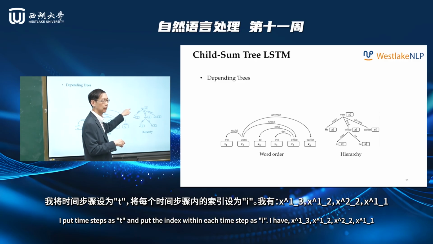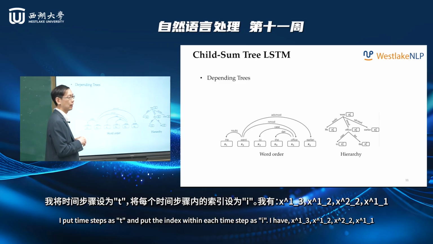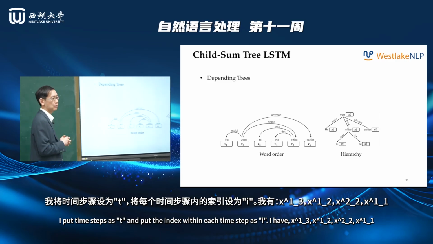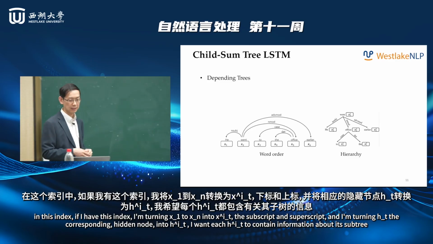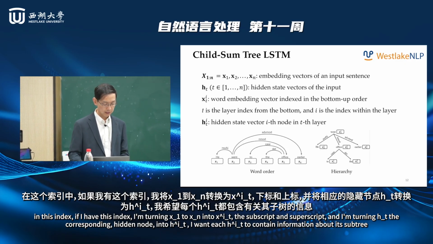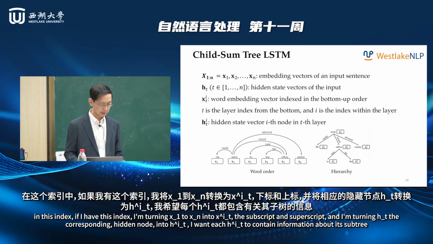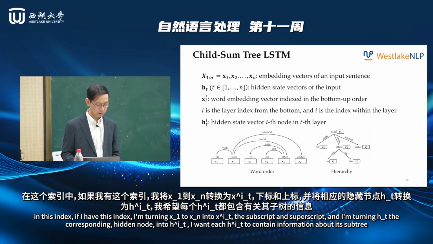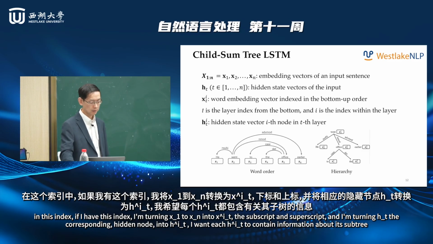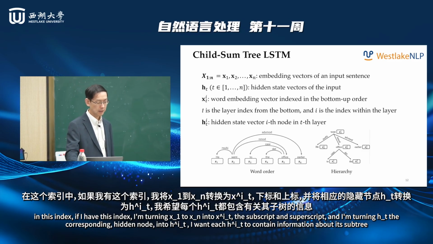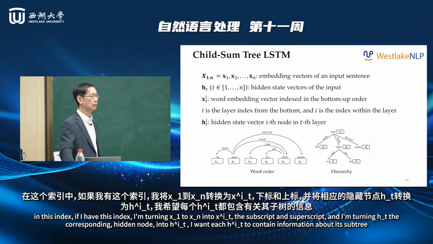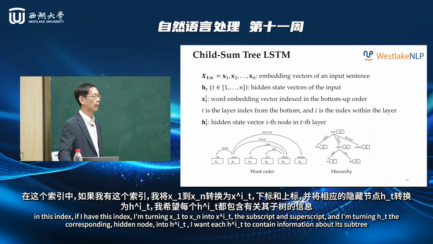So I have x31, x21, x22, x23, x11, x12, in this index. If I have this index, I'm basically turning x1 to xn into x_t^i, with subscript and superscript, and I'm turning h_t, the corresponding hidden node, into h_t^i.